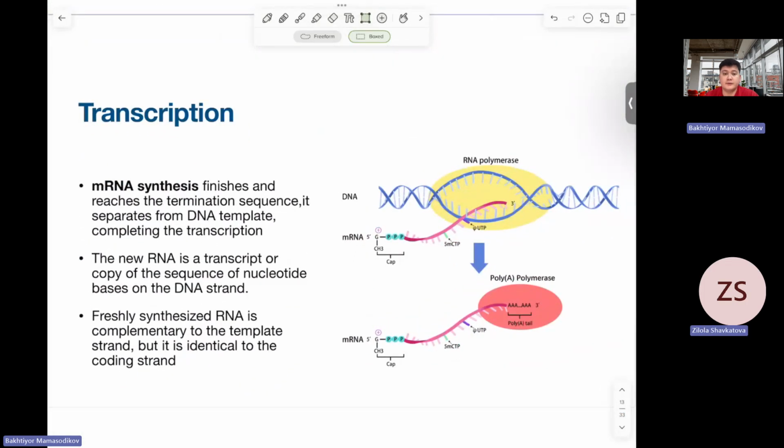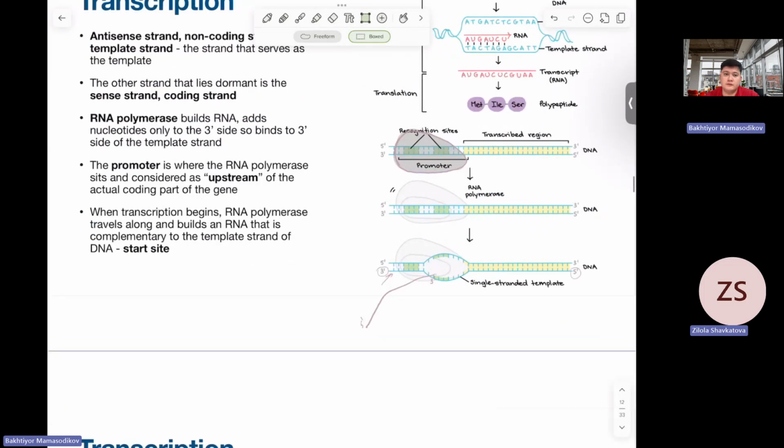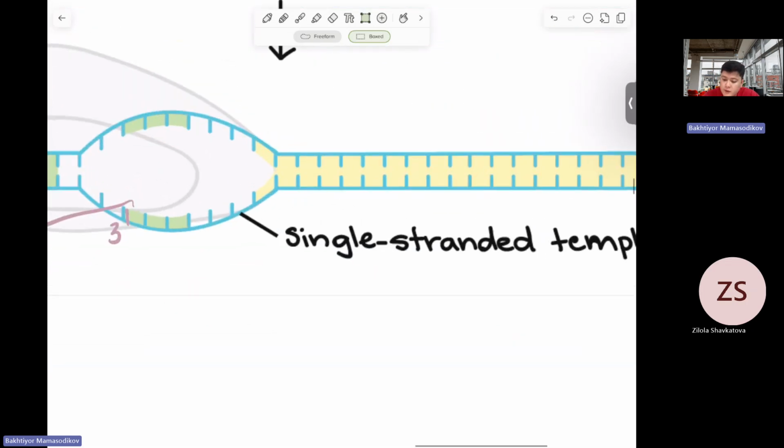You said regarding the template strand starts with 3' and ends with 5', right? And which one starts with 5' and ends with 3'? Okay, so this is a DNA molecule, right? So in this DNA molecule, this strand is called what?